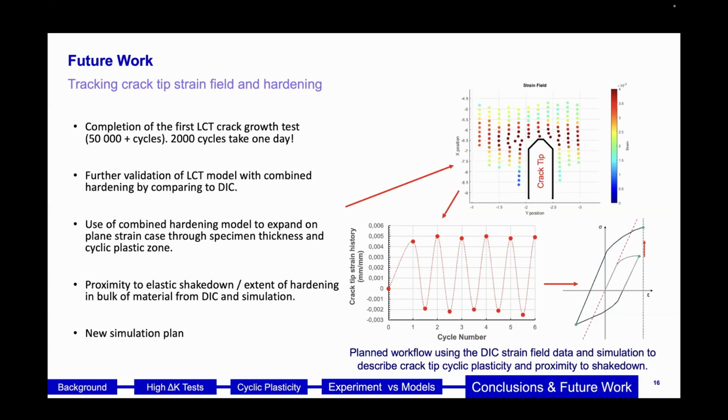And finally, I have a new simulation plan that will look at the transition from this early crack length, where you do get to cycle many times before the crack really grows into new material, to later on, where the crack is so long and the plastic zone is so large that you don't necessarily have the time to really reverse yield multiple times.